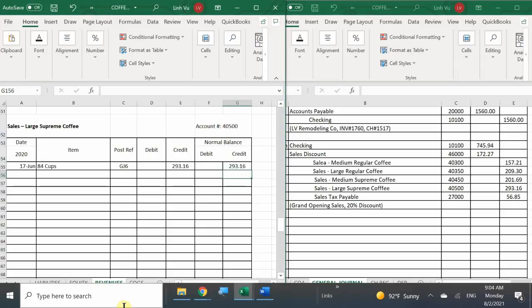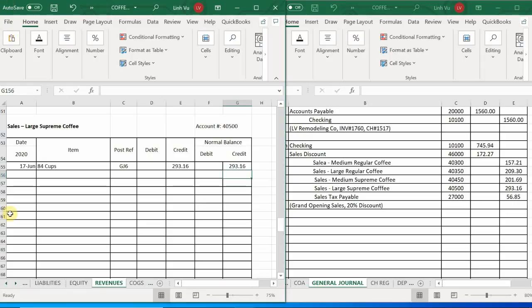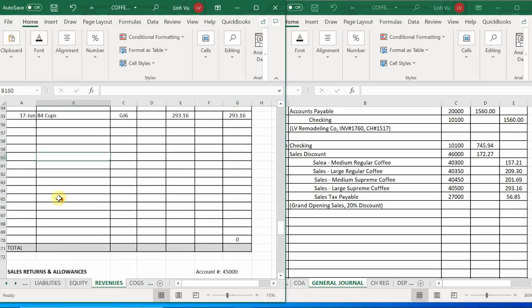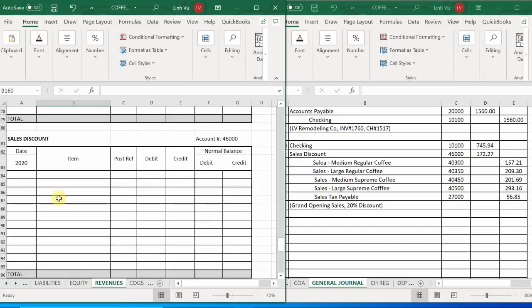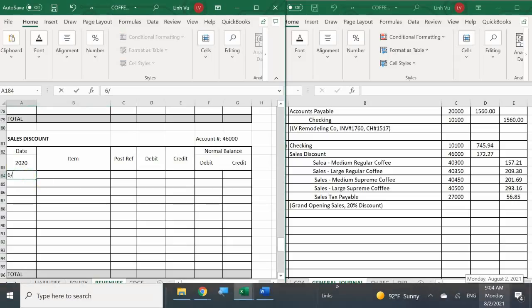Discounts. We have to record our sales discounts, right? Which is a 20%. Why did I have that 20%? It wasn't a grand opening special?